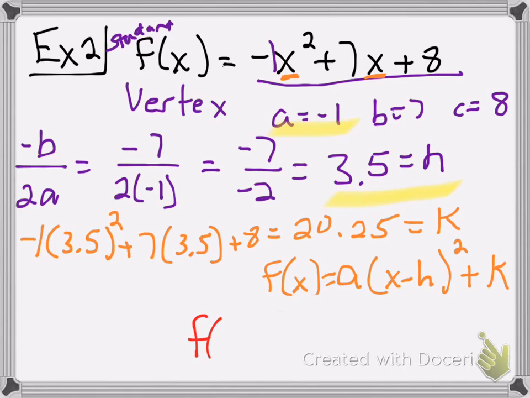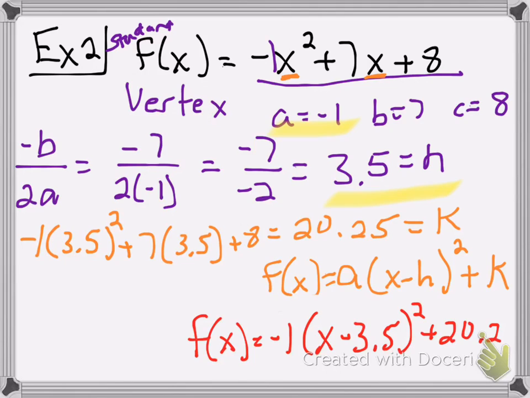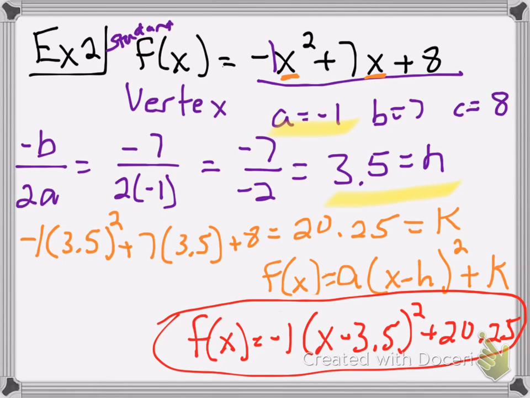So my answer would be f of x equals negative 1 parentheses x minus 3.5 squared plus 20.25. And therein lies my answer. Alright? Okay. So we took care of going from standard to factored and standard to vertex.